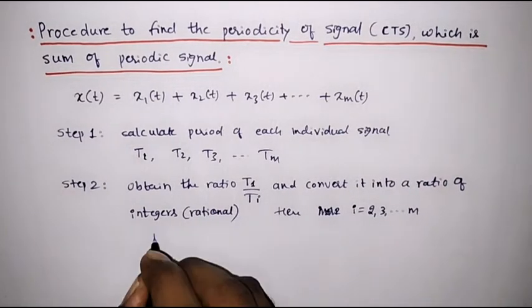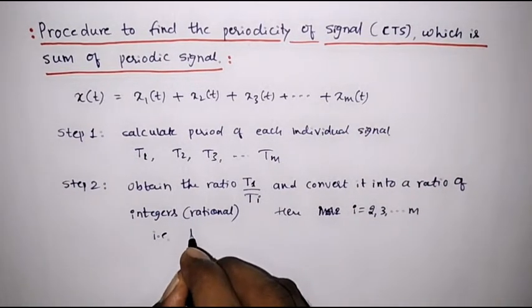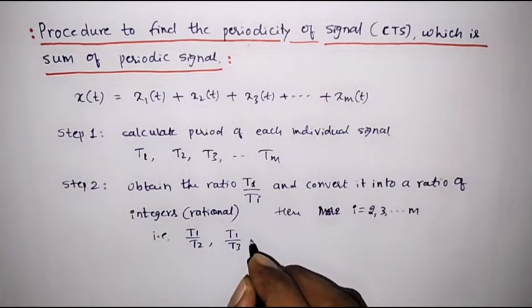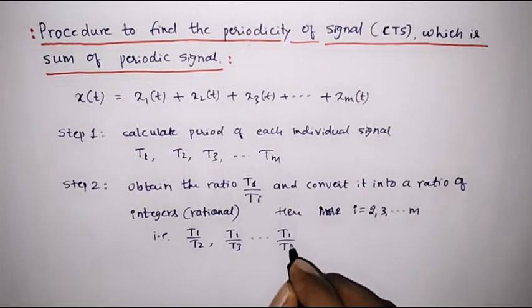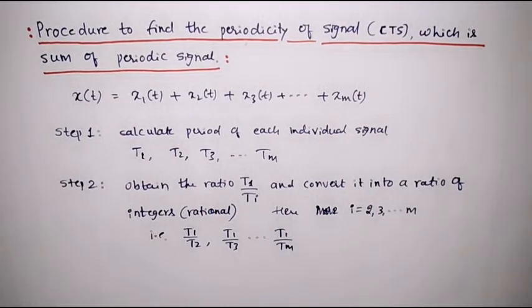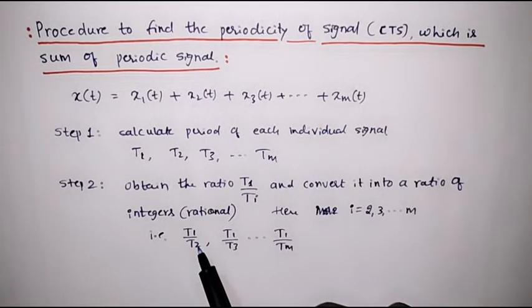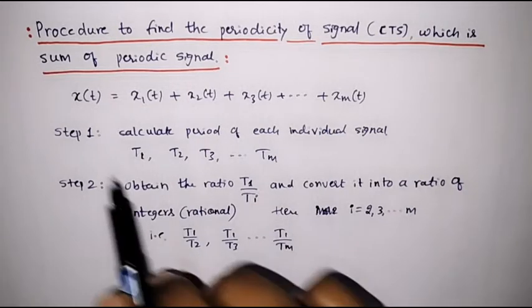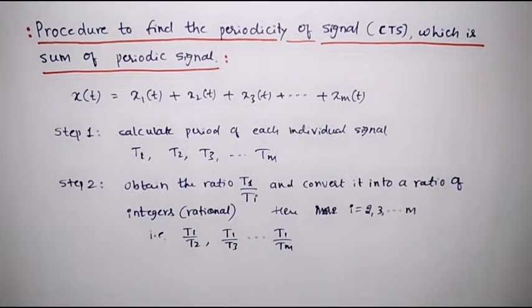That is, we obtain t1 by t2, t1 by t3 and so on till t1 by tm. Now each individual ratio should be rational, that is, numerator and denominator should be integers. If it satisfies this, then the signal x of t is a periodic signal.